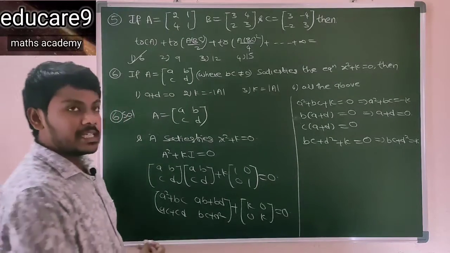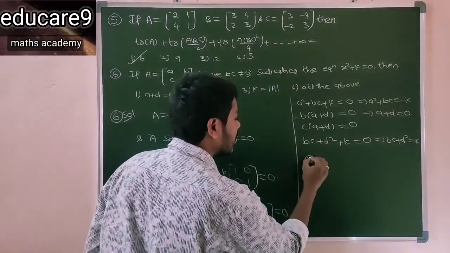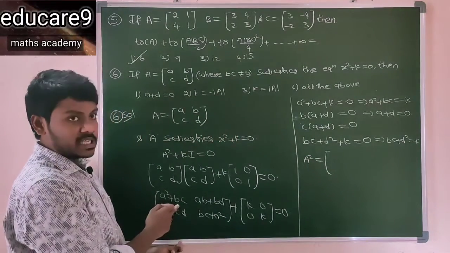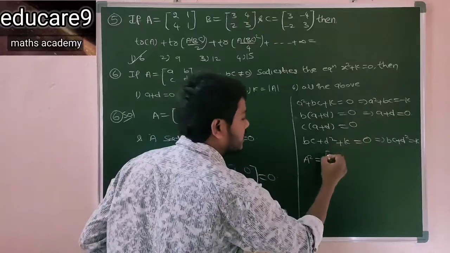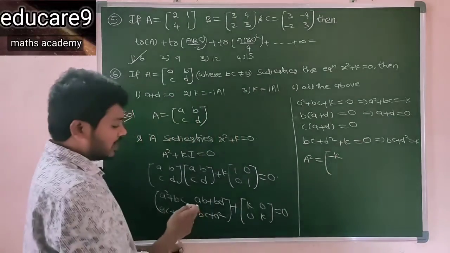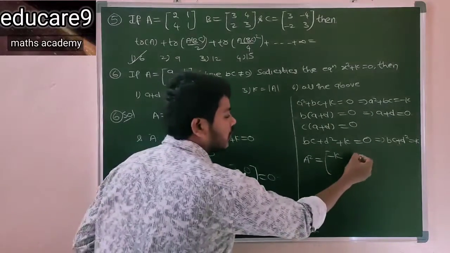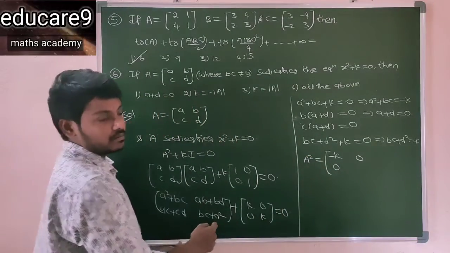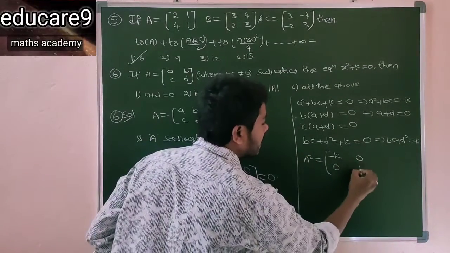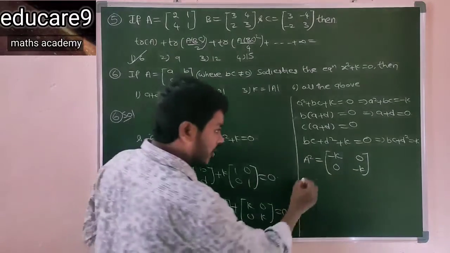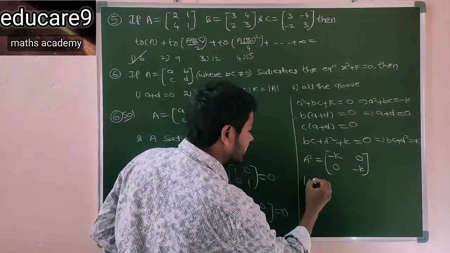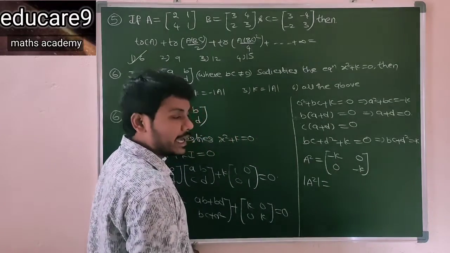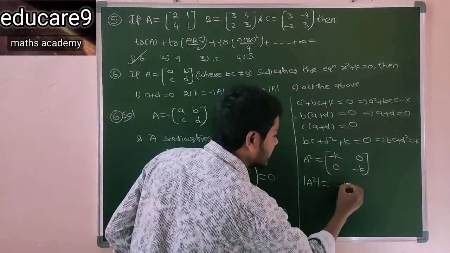Now, what is A square? A square is A square plus BC, which is minus K. Next AB plus BD, that is 0. Here also 0. Next BC plus D square, that is minus K. So here find the determinant: determinant of A square equals minus K into minus K, that is K square.